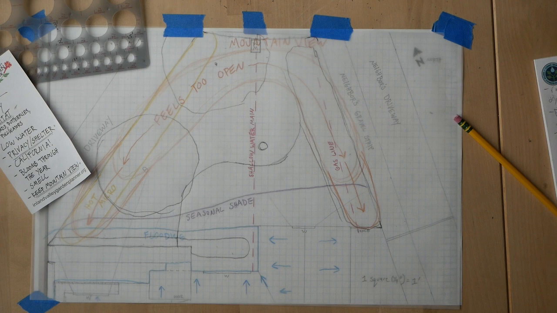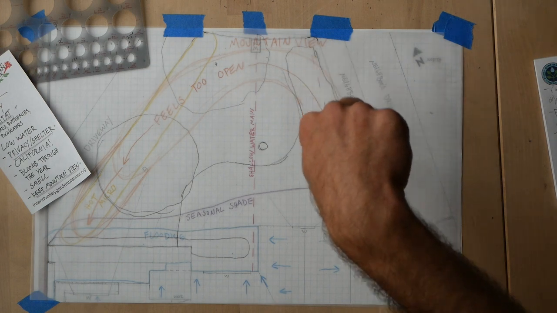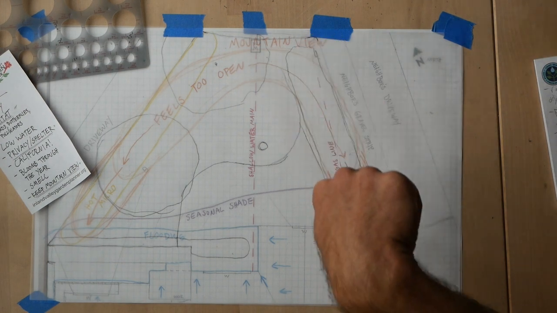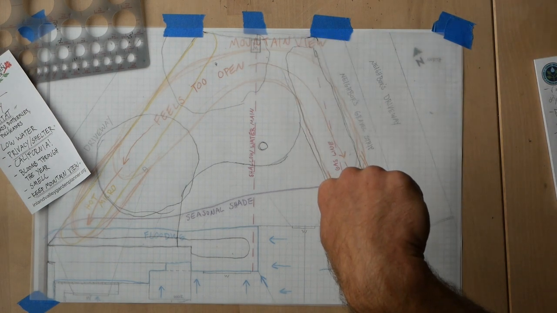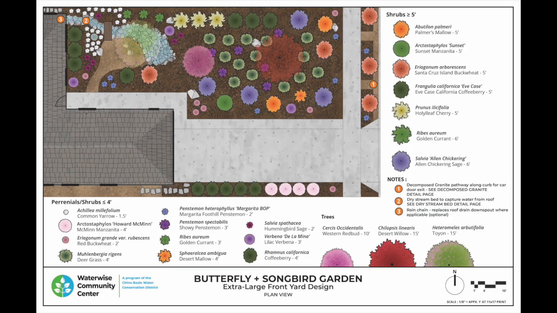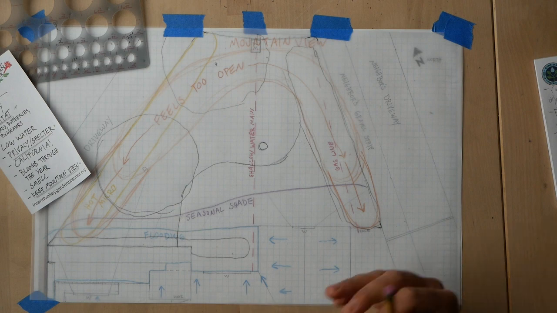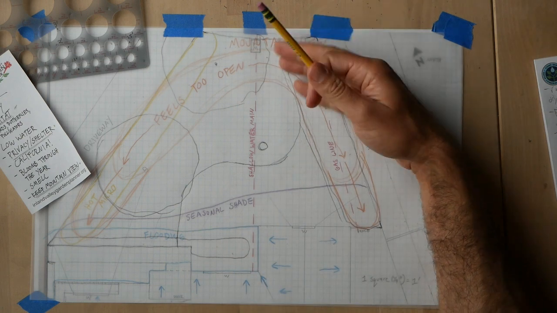For example, in the butterfly and songbird garden template, the medium and large gardens don't really have a true large hedge that will block the view of an adult standing, which is what we want here. But the extra large version does have that larger hedge and some great plant combinations for that. So, look at all of them and you can pull ideas from each one, even within a template.